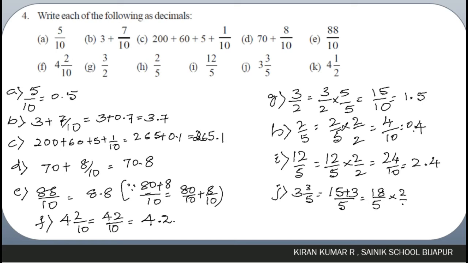If I multiply and divide by 2, I'll be getting 36 upon 10, which is 3.6. Next one is 4.5, which is 9 upon 2. Multiply and divide by 5, we'll be getting 45 by 10, which is 4.5.